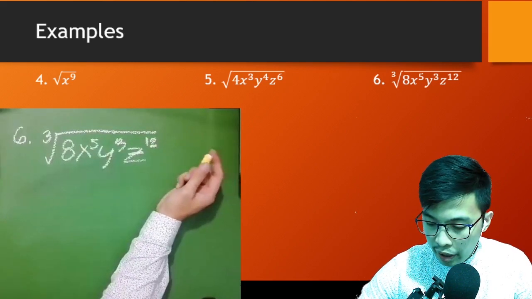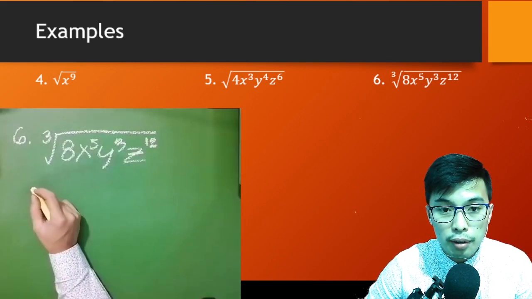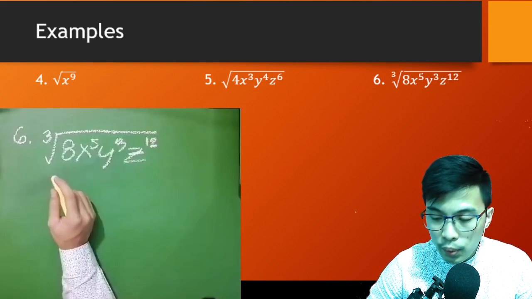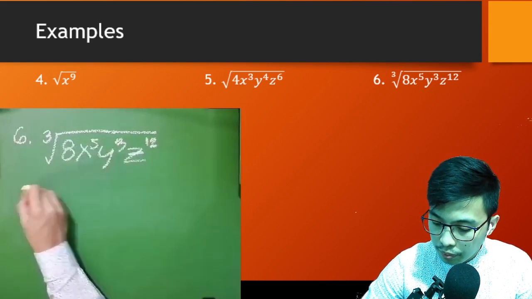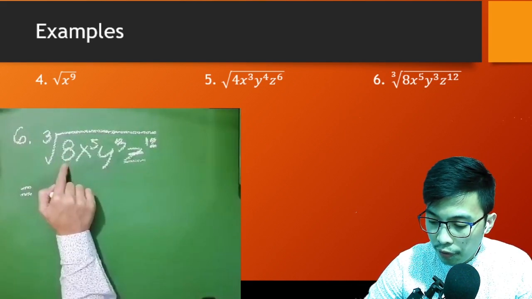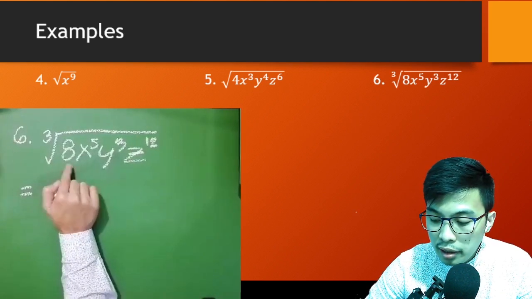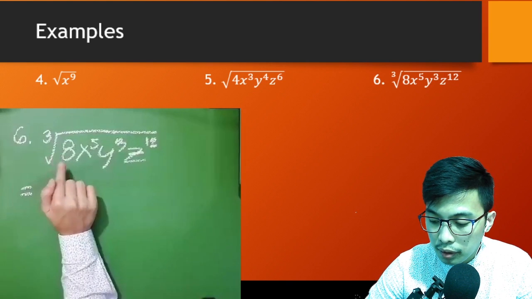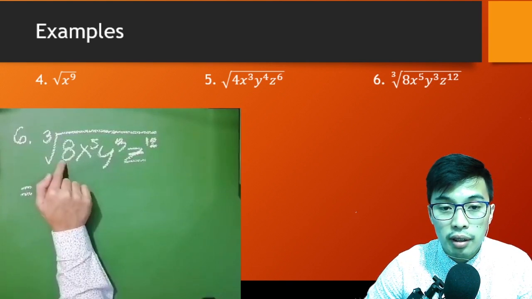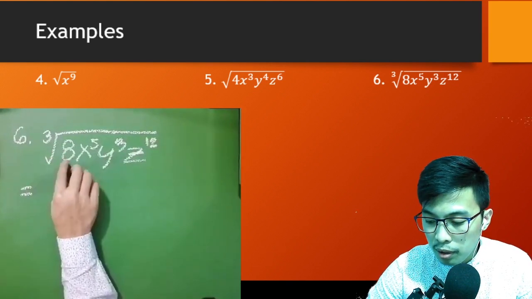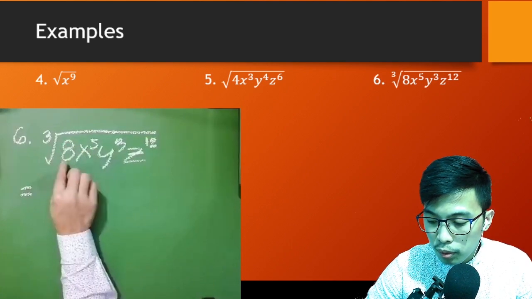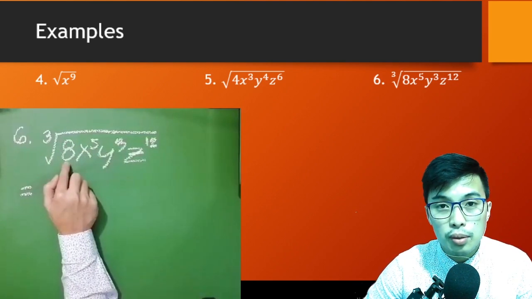Okay? So here, what we will do is to factor 8. Okay, this is my question. Is 8 a cube number? Yes, because the cube root of 8 is 2.